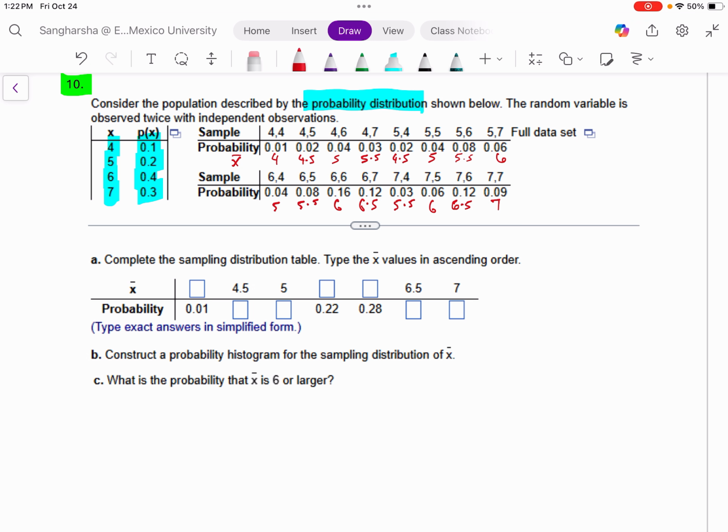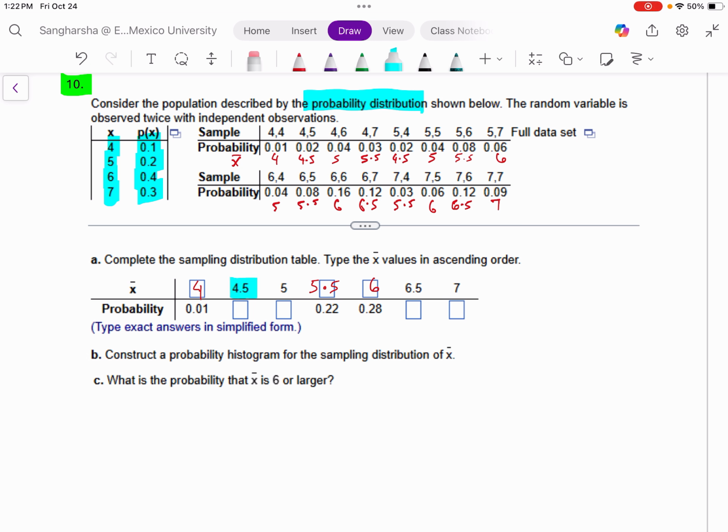So the smallest mean is 4. Then we have 4.5, 5, 5.5, 6, 6.5, and 7.